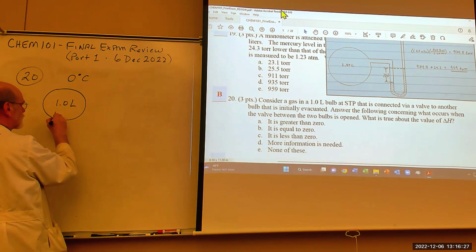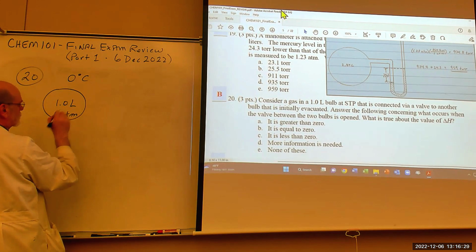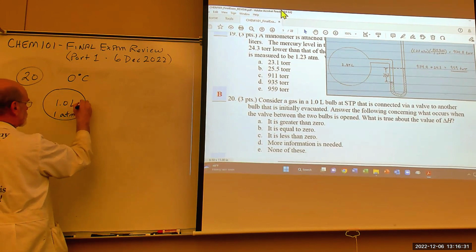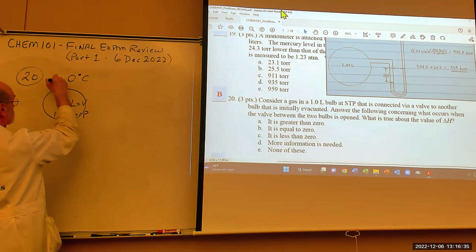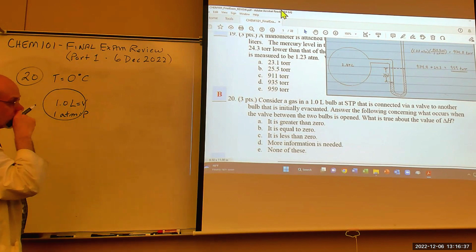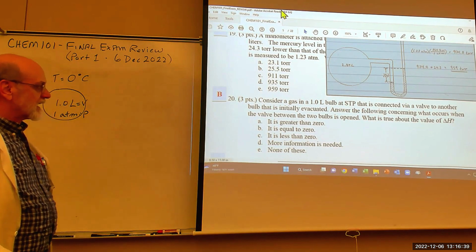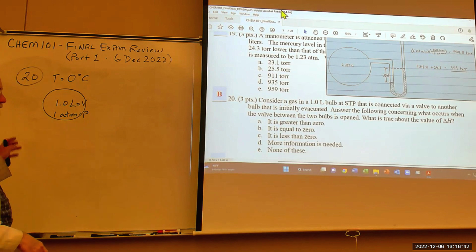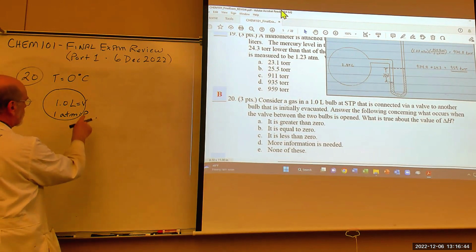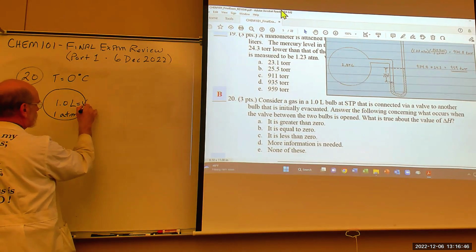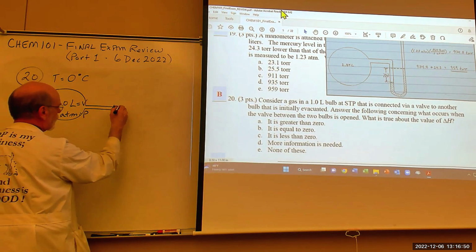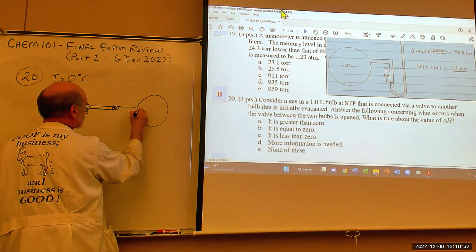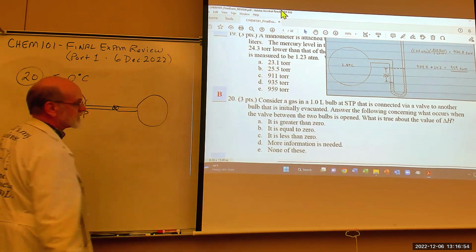Standard pressure is 1 atmosphere. This is volume, this is pressure, and temperature there. It's connected to another bulb that's evacuated, through a valve, and I'm not sure how big this one is yet. Let's see if it says.